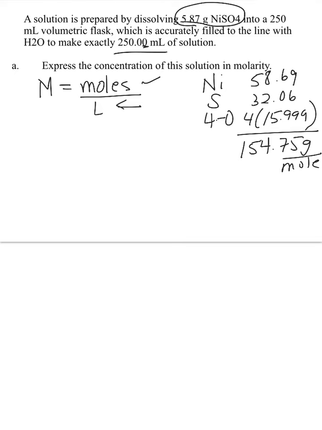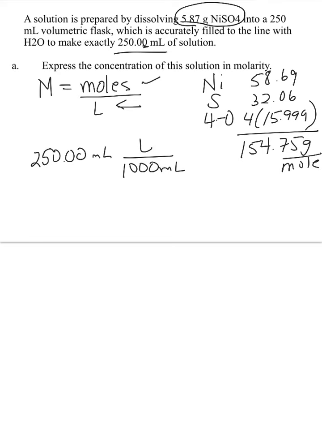So if I wanted to convert this number of milliliters into liters, I need to know the conversion factor between milliliters and liters, and we know that there are 1,000 milliliters in a liter.